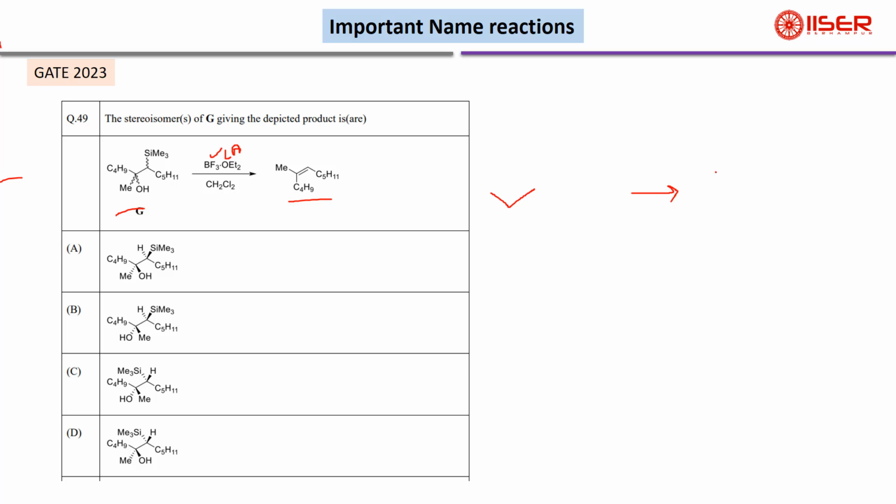So our product is this one. I am just mentioning this as R and R dash, and this is our methyl. Now to get this, we keep both R and R dash in the same way, and methyl here.